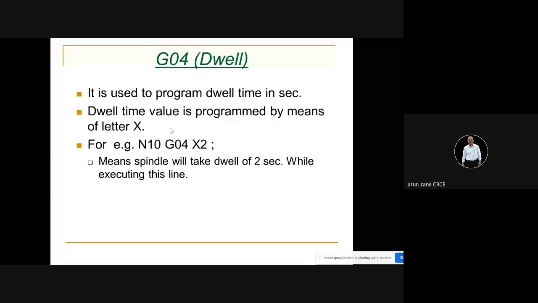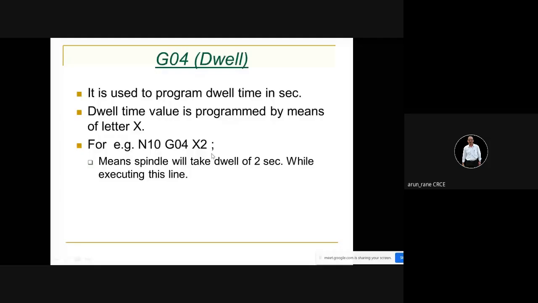If it is Fanuc, then you have to program it like G04 P2000. So 2000 divided by 1000, that will be 2. See, this is what the difference is.